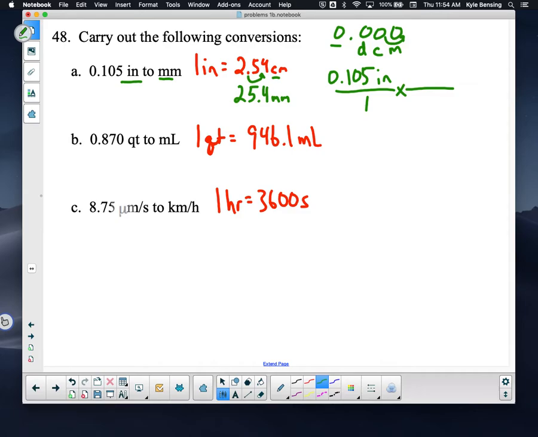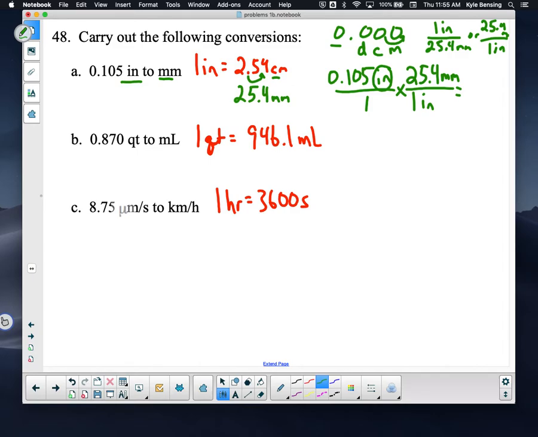It's either going to be 1 inch on top and 25.4 millimeters on the bottom, or the other way around, 25.4 millimeters over 1 inch. So which one fits? If the inch is on the top in my problem, that means I need 1 inch on the bottom and 25.4 millimeters on top. And then I multiply these two across the top.